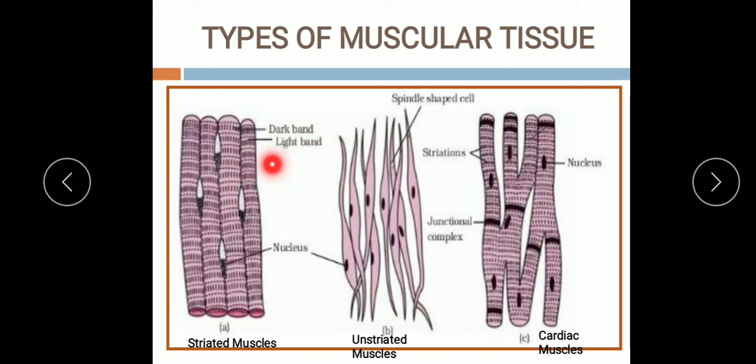Because of these alternating light and dark bands, these are termed striated muscles, because these are the striations. Understood, children? And each muscle fiber has many nuclei. You can see here, in each muscle fiber there are many nuclei. So these are the striated muscles.